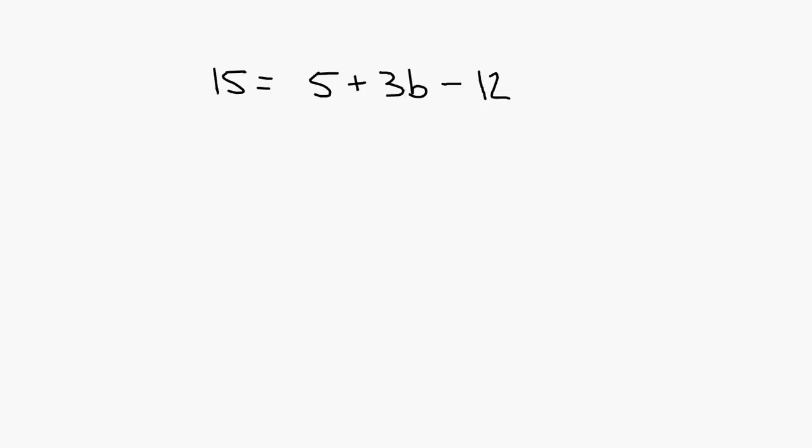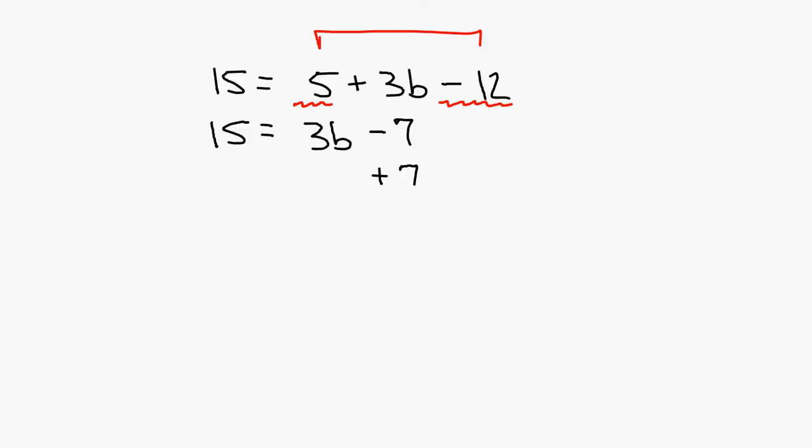Now on the right-hand side, you've got the 5 and the negative 12, which have to get combined first. So in this case, 15 would be equal to 3b, and in your calculator, 5 minus 12 is negative 7. So you're going to isolate the 3b by adding 7 to each side.